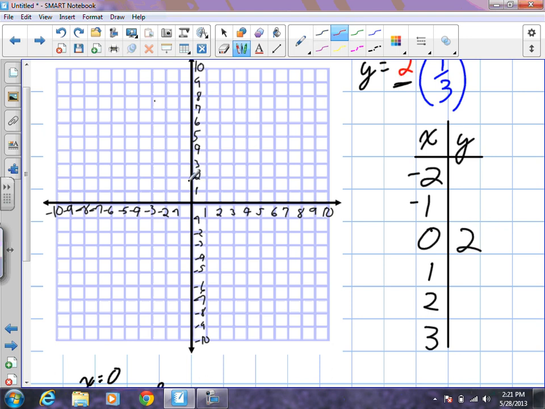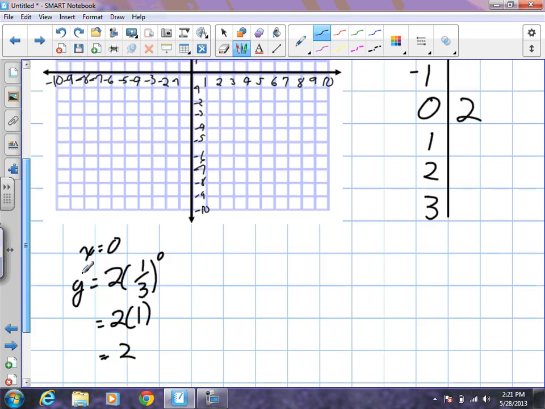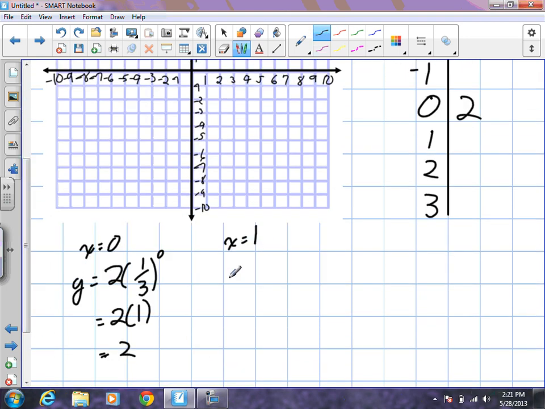Let's go in the same order. When x is equal to 1, a third times 1, and then 2 times 1/3 will be 2 over 3. Does that seem familiar to you guys anywhere? What was that value before?